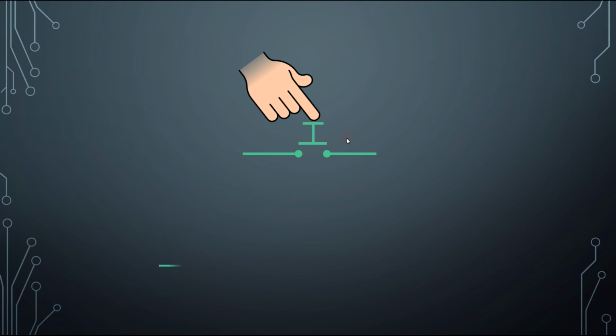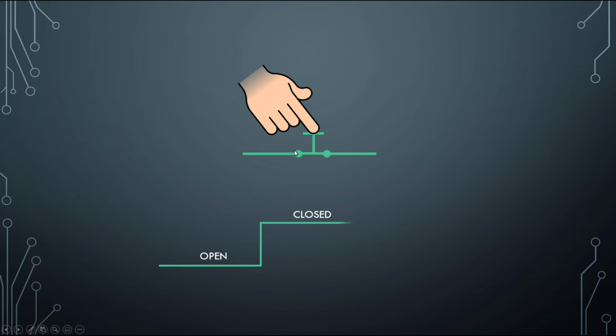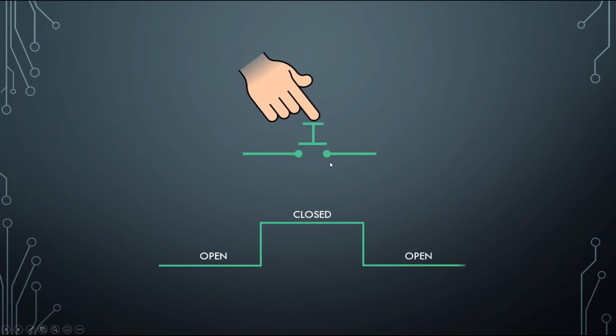To change the state of the switch, we press the button which causes the contacts to close, and then we release the button which opens the contacts again. The exact point in time at which the switch closes and the exact point in time at which the switch opens is called the event.